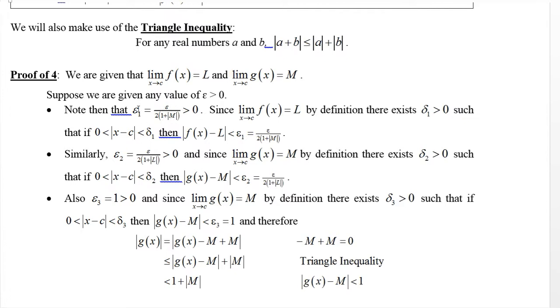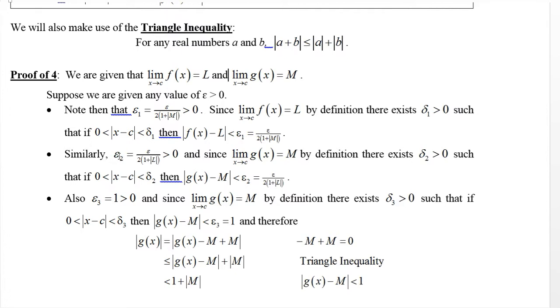And for this epsilon 1, since the limit of f is L, by definition there's a delta 1, which is positive, such that if the absolute value of x minus c is between 0 and delta 1, then the absolute value of f of x minus L is less than epsilon 1, which is this expression.